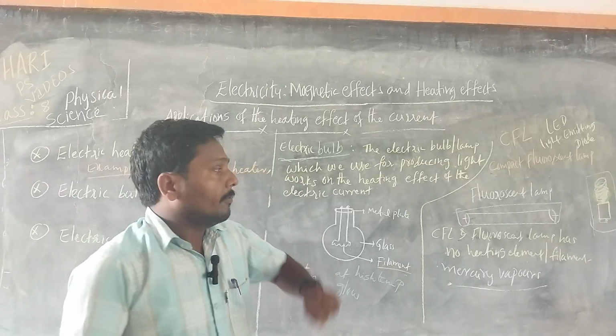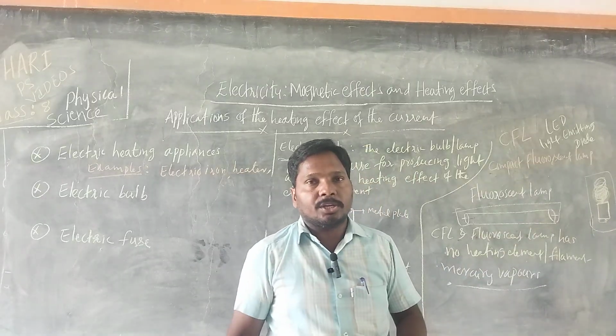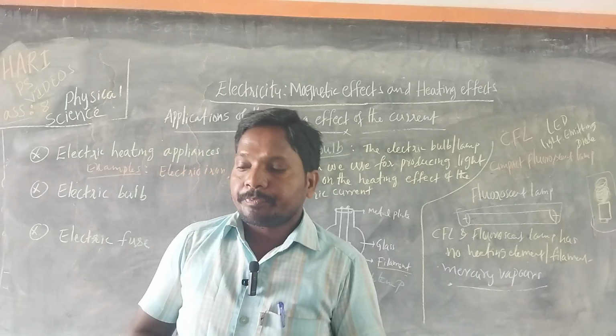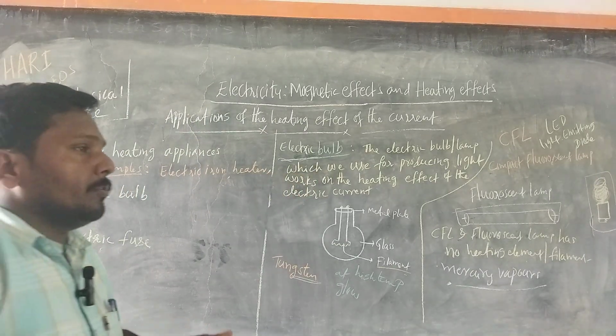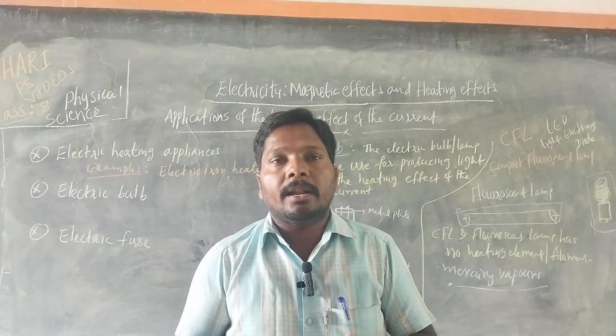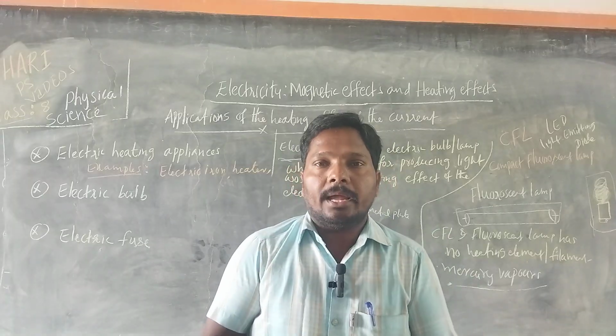When they are connected to a circuit and we switch on, due to the electrical energy the mercury vapors emit invisible ultraviolet radiation. That radiation gives us light.